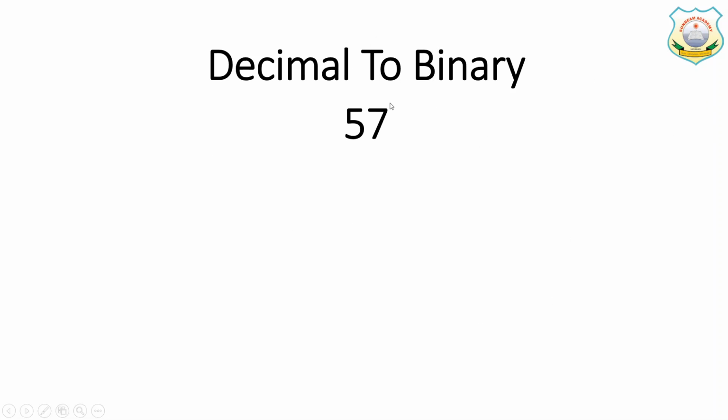So always remember this. I'm putting a lot of emphasis on decimal to binary, decimal to octal, because during the exam it creates a lot of confusion. You were supposed to divide this, but then you did something else with this number, and this happens a lot with students.